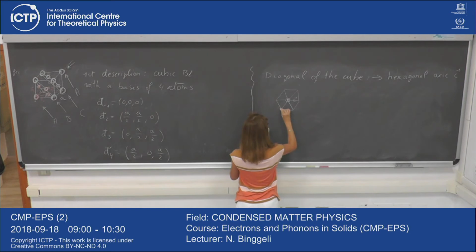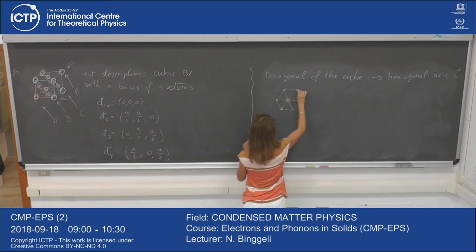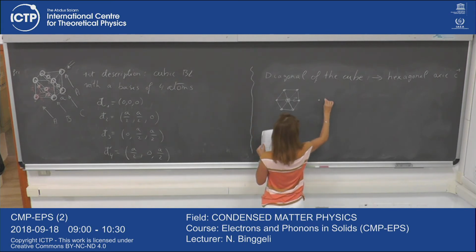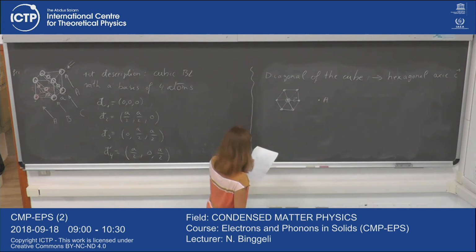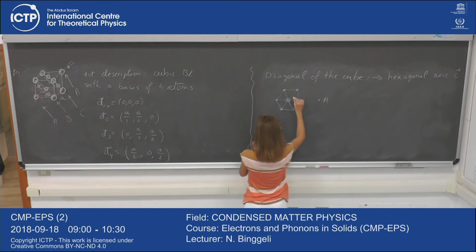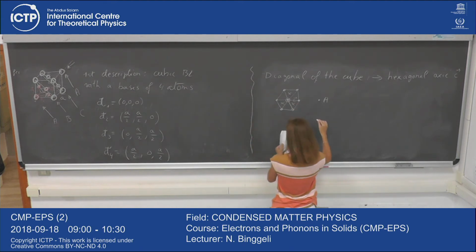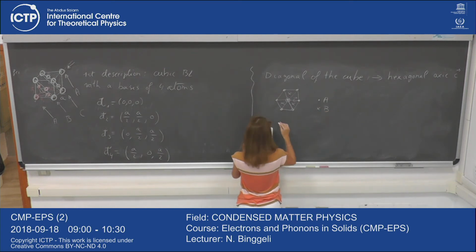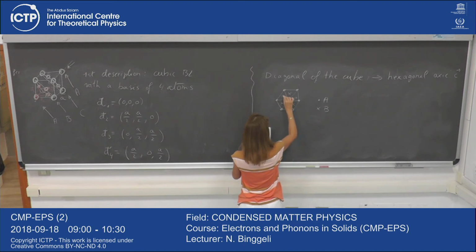Here is the projection of the atoms on the A sides. Those on the B side would be like here, and those on the C side would be here.